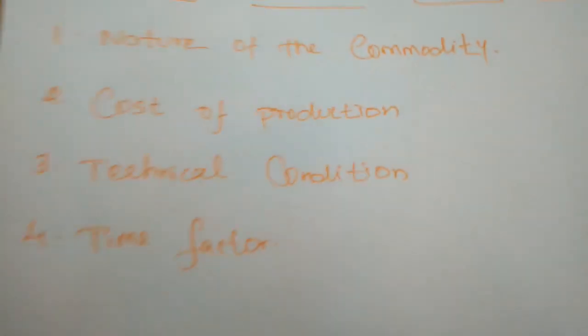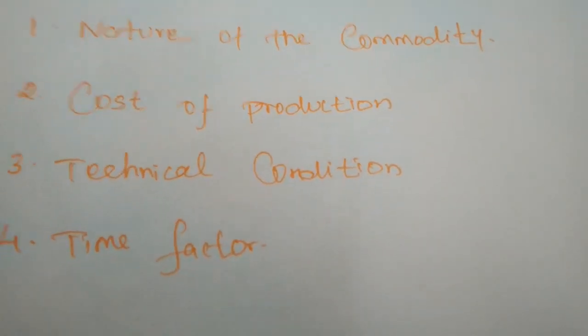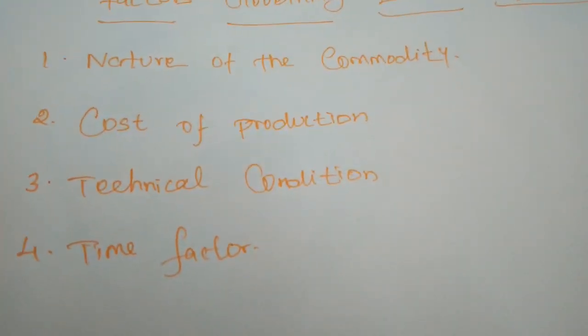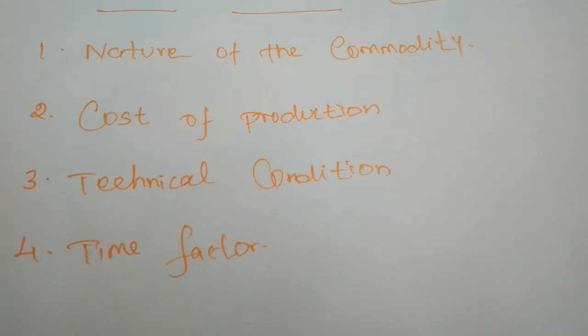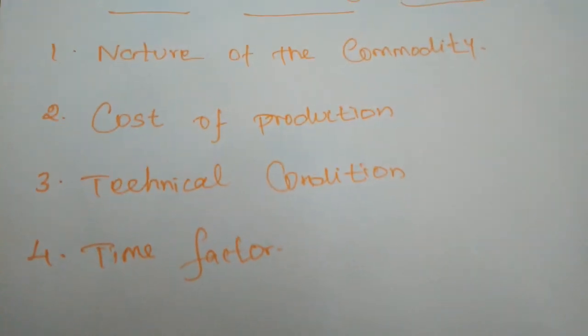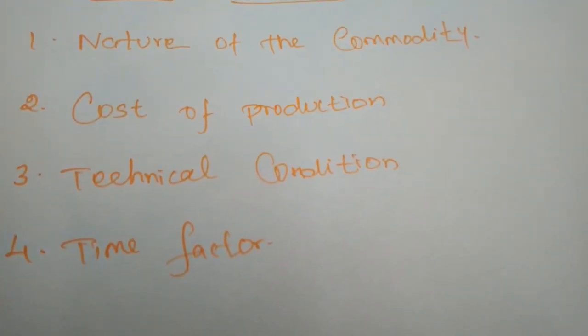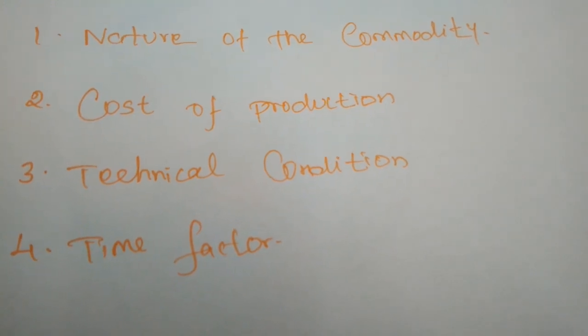When producers produce commodities by using the labor intensive method, they can't produce more commodities, and the supply will never increase within a short time.